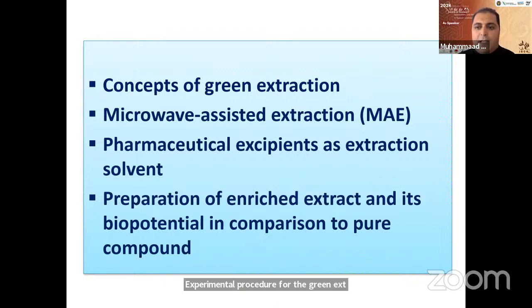I will also give you an outlook about the use of pharmaceutical excipients as extraction solvents to avoid toxic organic solvents. And I will present some data about our research in which we have proved that the enriched bioactive compound extract has the same biopotential as the pure isolated compound.